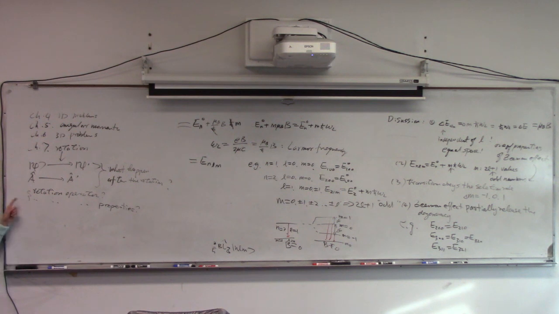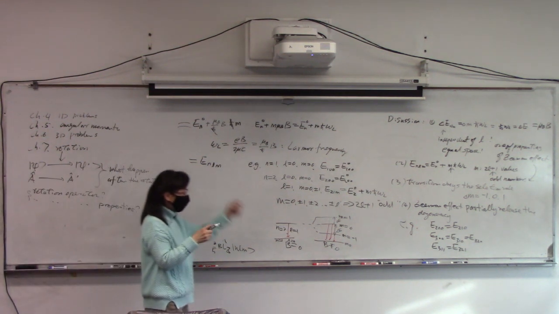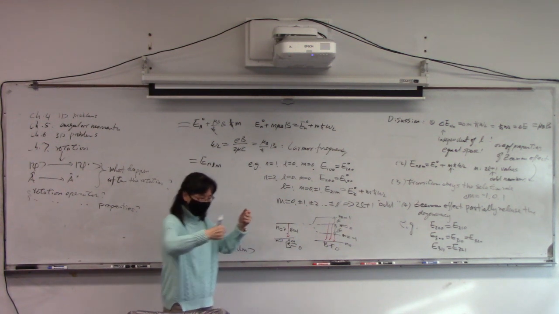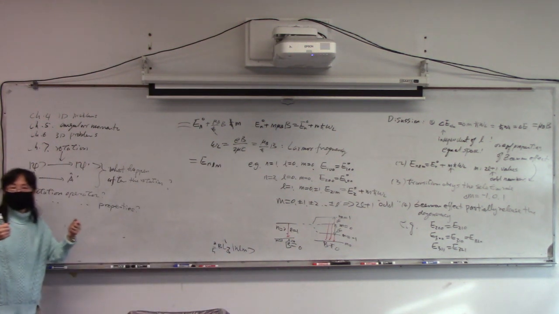And you will see that rotation is not independent of any arbitrary operator. Actually, this rotation is directly connected to the angular momentum operator, spin operator. Like you learned in classical mechanics, we know any operation is associated with a generator, right?